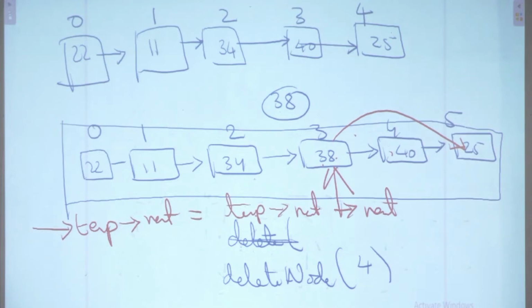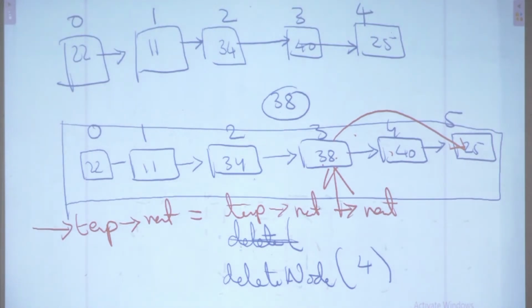How do I get it? I'll say struct node star dptr is equal to temp's next before I do this line. Because after I do this line, temp's next is lost. It is now pointing to that node after 40. 40's pointer will be lost, so I have to preserve that pointer, and then I have to free it. So that care I have to take.